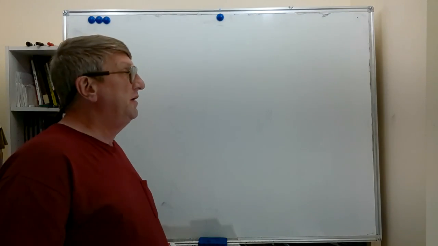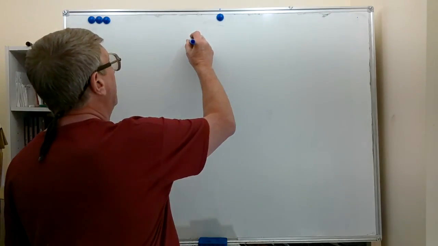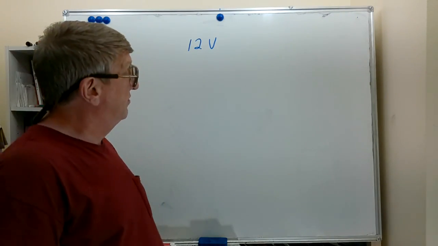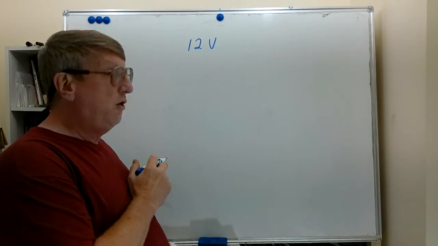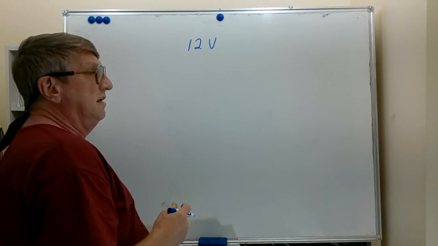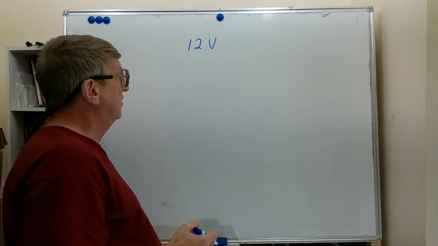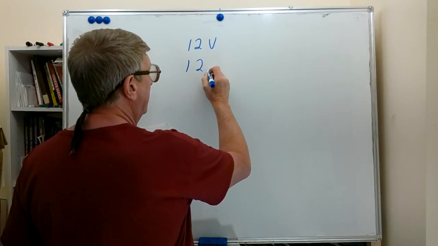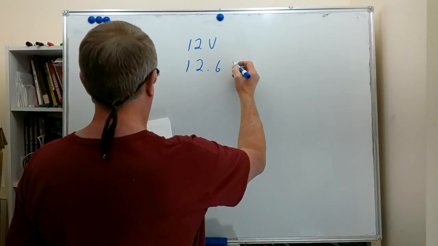Say you take a voltmeter and you read the voltage of a battery and you find 12 volts. Is that battery 12 volts output with no margin of error whatsoever? Say you get a more precise voltmeter to read a little bit closer and you read that same battery. Now you see 12.6 volts.